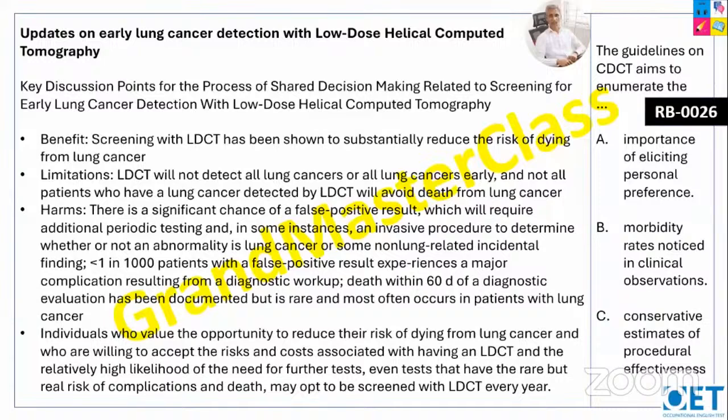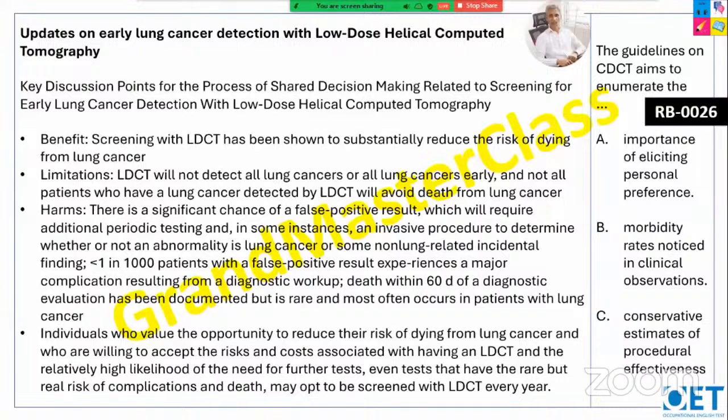Now this also will talk about procedural effectiveness. Let us see here. Sophie is telling non-lung related incidental finding. Less than 1 in 1,000 patients with a false positive result experiences a major complication resulting from the diagnostic workup. Death within 60 days of a diagnostic evaluation has been documented, but is rare and most often occurs in patients with lung cancer.